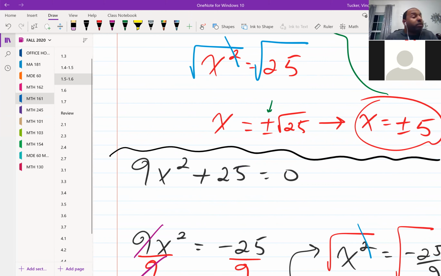All right, so our next one is 9x squared plus 25 equal to 0. So we want to get whatever is being squared, in this case it's just x, by itself. So we'll minus 25 from both sides.